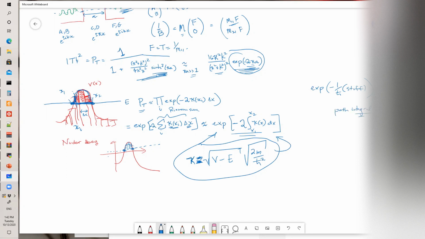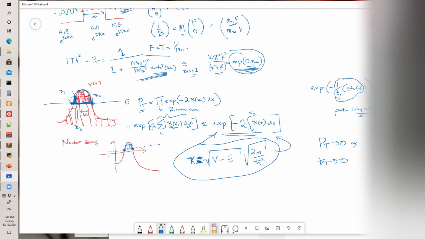It's interesting to think about the limit that h bar goes to 0, which you think of as a kind of classical limit. As we send h bar to 0, this blows up and you get a big number. So the probability should go to 0 as h bar goes to 0. You can just see that from this expression.